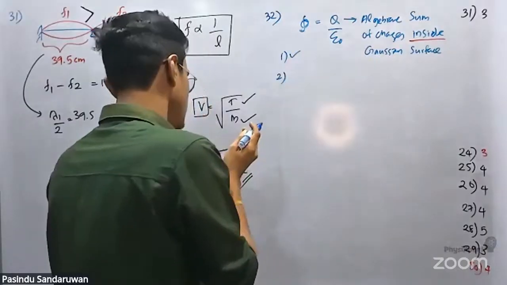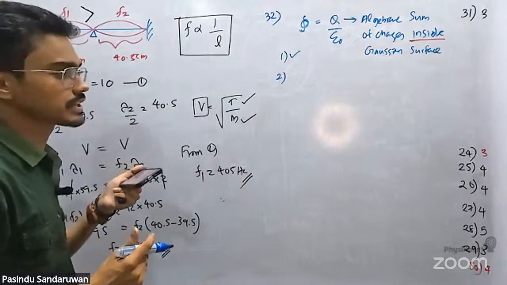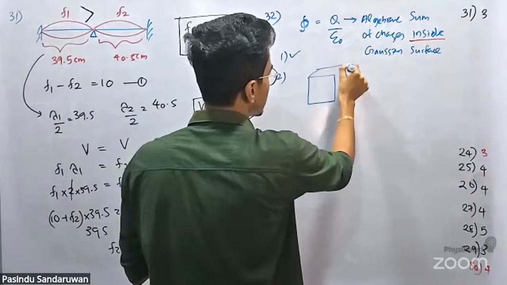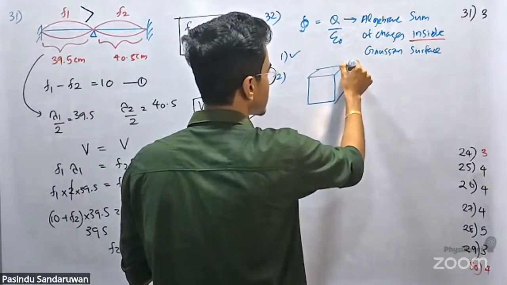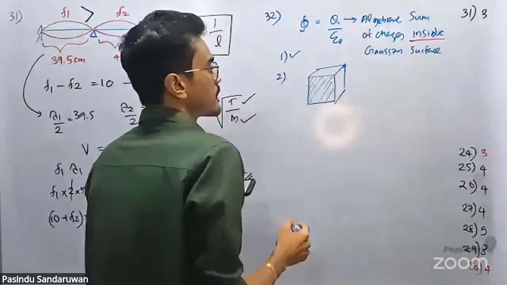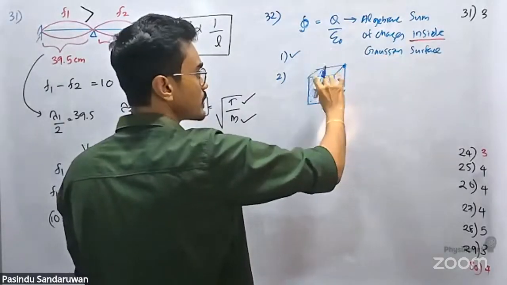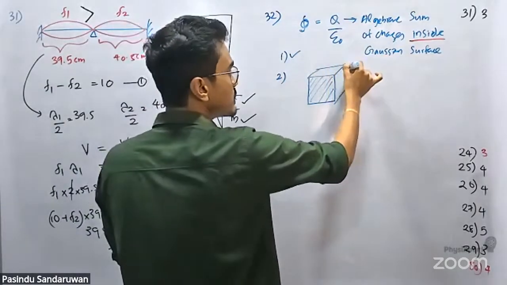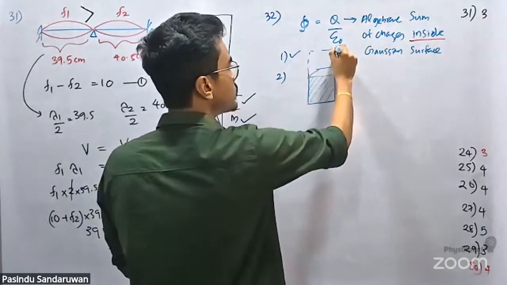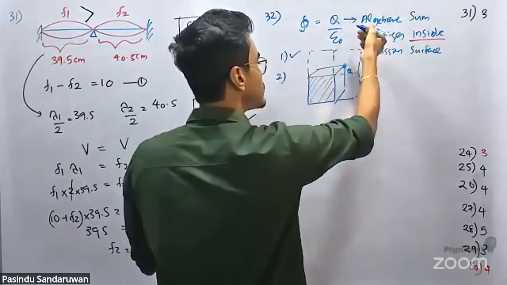Two. The flux through the surface is phi over 8 when the charge is kept at a vertex of the cube. That is a proved scenario. So therefore I'm not going to prove it again. The way of doing this kind of question is you have to make this charge surrounded by the same shape. So what you get is 4 cubes here, 4 cubes here, and another 4 cubes behind.